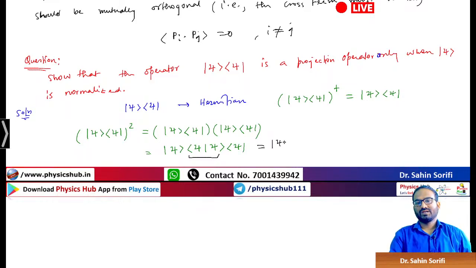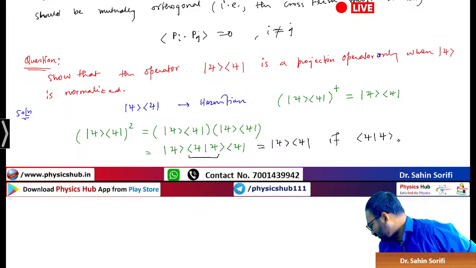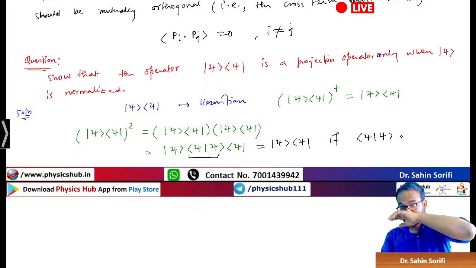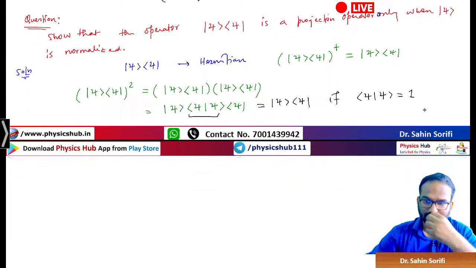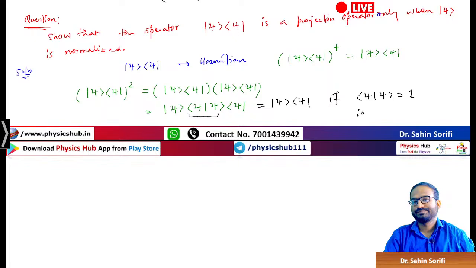So we can write this as ket psi bra psi if ket psi is normalized. Sorry guys, that is ket psi is normalized.